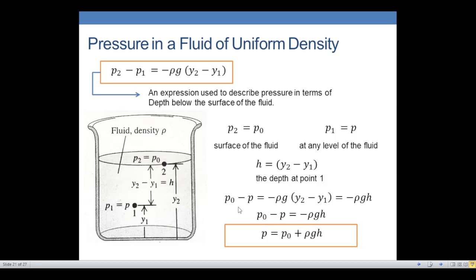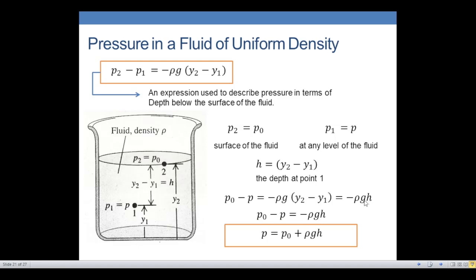Alright? So, P sub 2 becomes P sub 0, that is the pressure at the surface of the fluid, minus the pressure P inside that liquid or fluid equals negative density times the gravity times y sub 2 minus y sub 1, meaning the h, or we can rewrite that as negative density times the g, or the gravity, times the height.